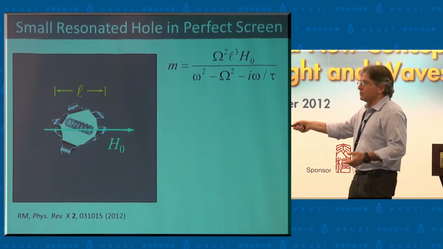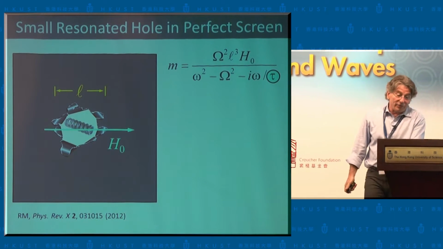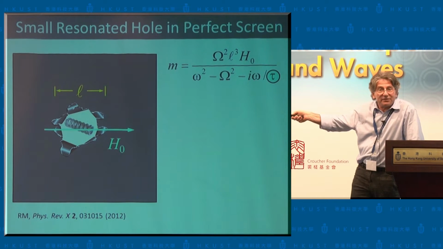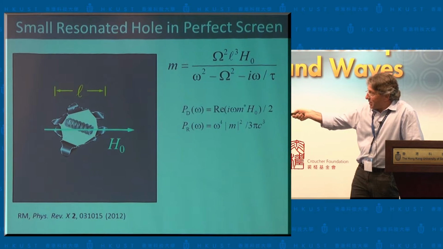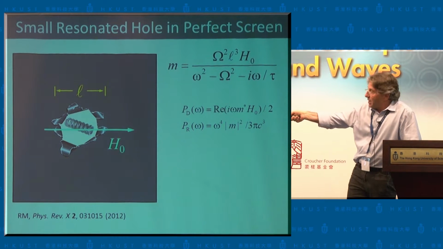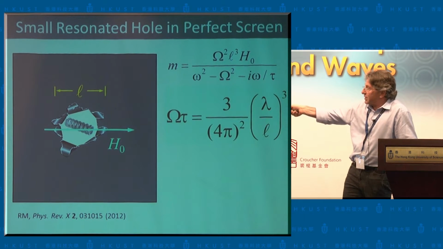And all I did was to add the resonance in there. And if you add the resonance, and you are careful, and you assume that the only losses that matter are radiative losses, you can calculate that constant there by equating the power that the magnetic field gives to the hole to the radiated power. And if you do this, you find this expression. Here it goes like the cube.